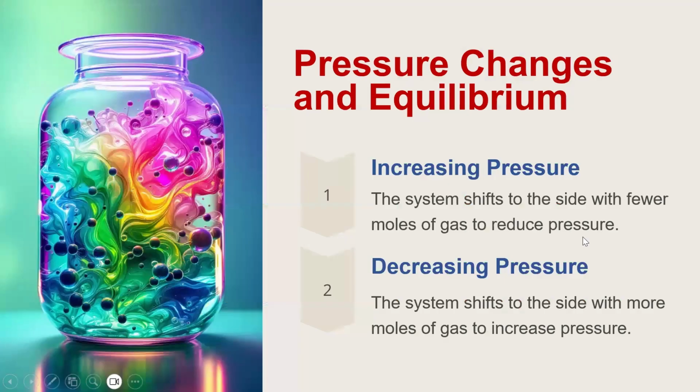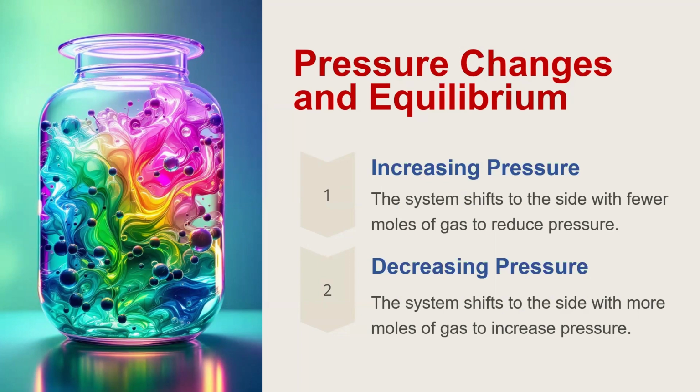Okay, but let's see it in detail. Increasing the pressure: if the pressure is increased, we know that the reaction will favor the direction that reduces this increased pressure. Usually, how do we know which direction is favored?